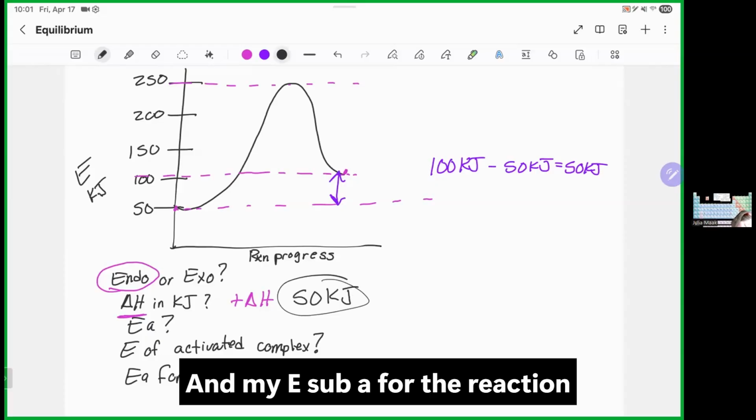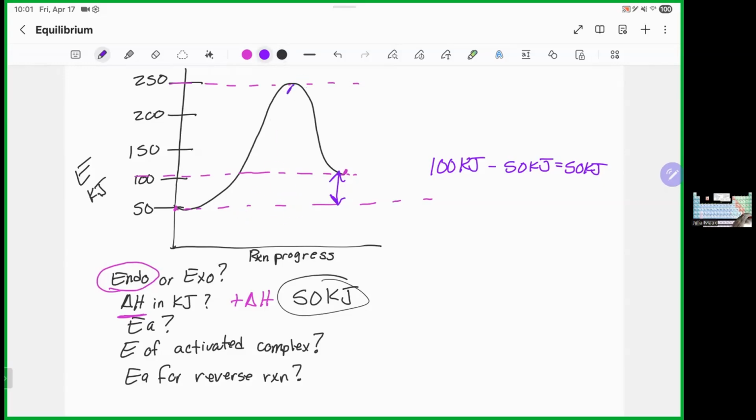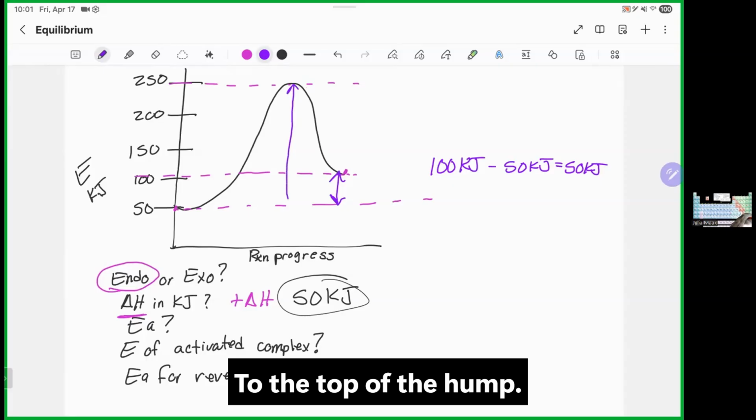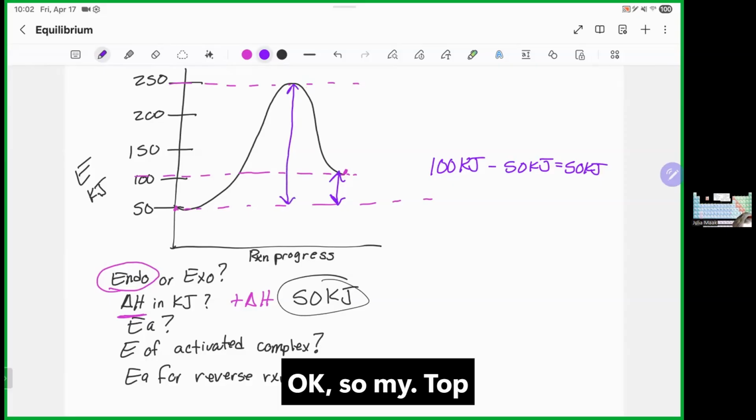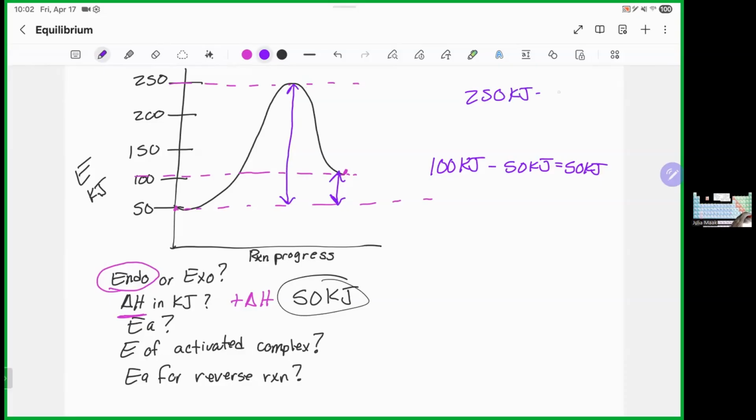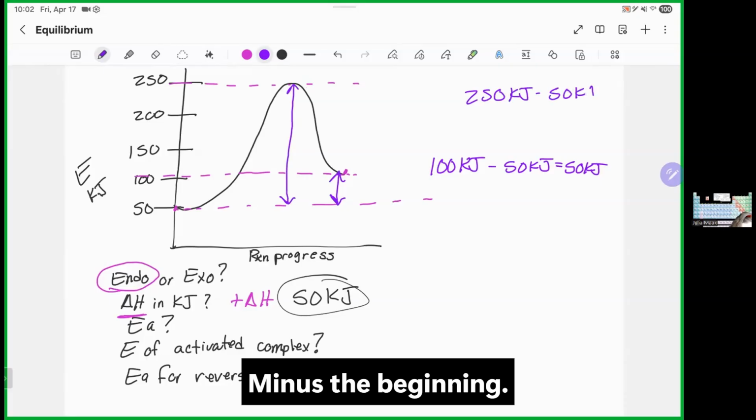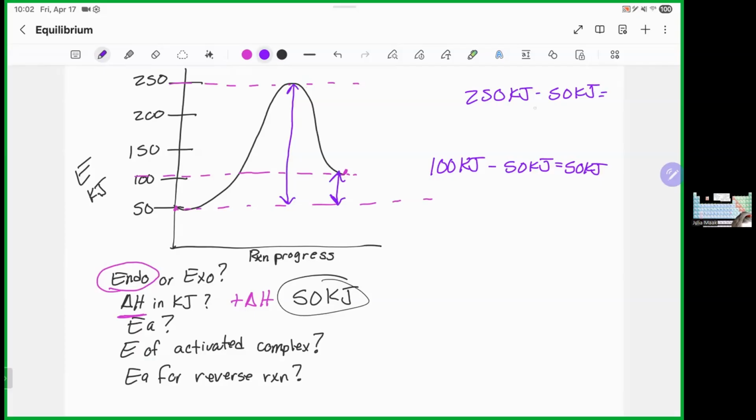Okay, my E sub A for the reaction is from the beginning to the top of the hump. Okay, so my top of the hump minus the beginning is 200 kilojoules.